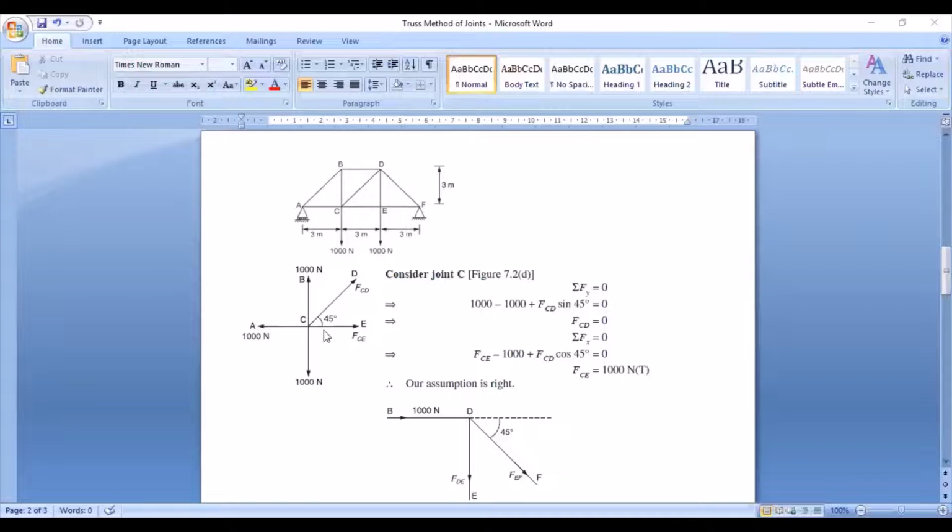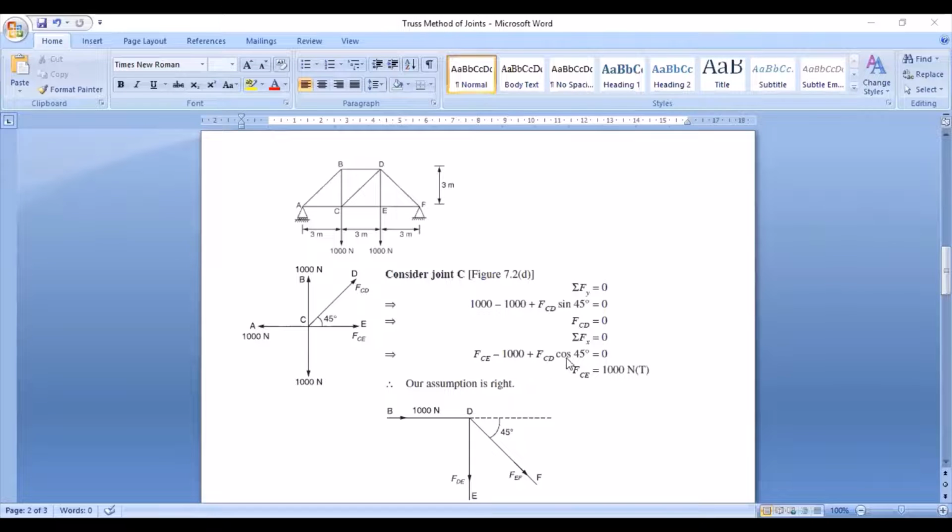Okay. Next, Fx. So in Fx you have horizontal forces. So 1 horizontal force, 2 horizontal force, and horizontal component of FCD. Okay. FCD. So in this FCE positive, so it is plus. This 1000 is minus, so it is minus. Okay. Then horizontal component of FCD is FCD cos 45. Since it is moving to the right, it is taken with the positive sign.